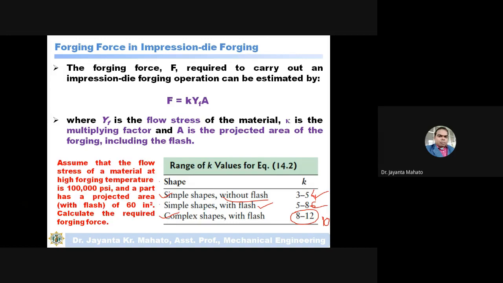So, as an example, assume that the flow stress of a material at a high forging temperature is this much, in psi. So this is the flow stress, the value of YF. And the part has a projected area with flash of 60 inch square.